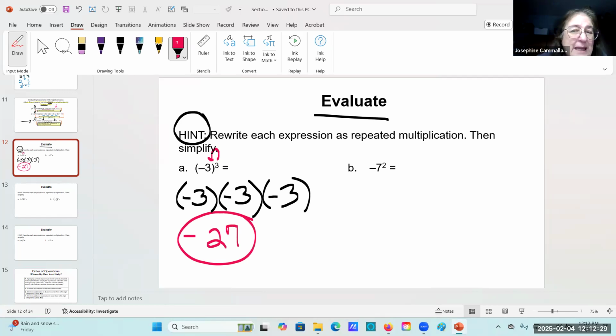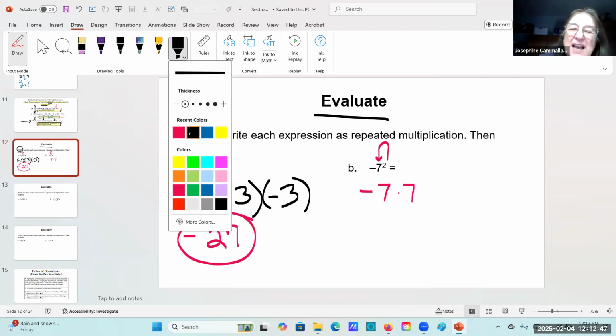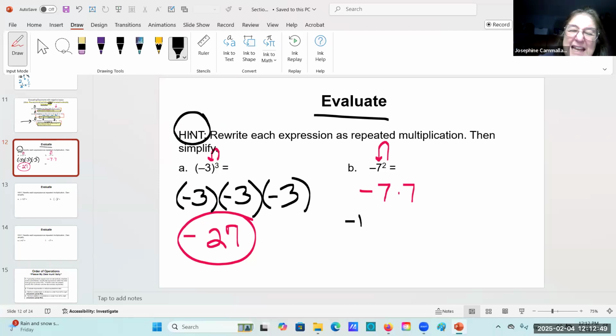Now be careful with B. This 2 is only pertaining to the 7. That negative is out in front. This is 7 times 7. But it's understood that this -1 is multiplying by 7 times 7.